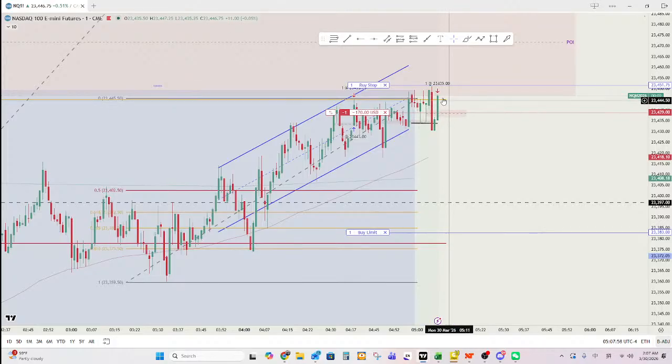I don't want to see this bar because it's closed up above this high, so like a 90% probability I will lose this trade.